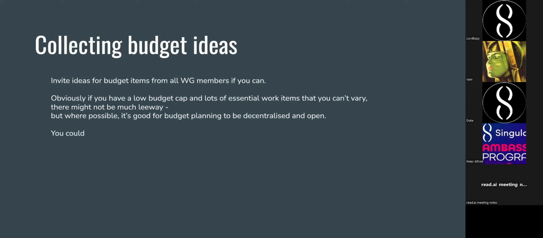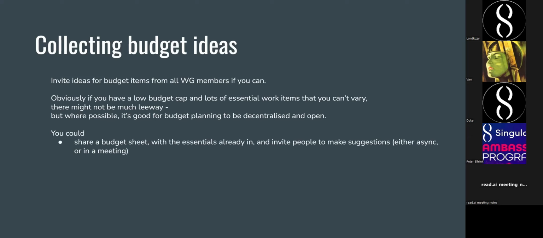And there's various ways you can do that. You could share an actual budget spreadsheet with the essentials already in there and invite people to make suggestions either asynchronously, or you can literally use some meeting time to sit down and do it. You could have a smaller team or focus group who meet to create a draft that then people can comment on.